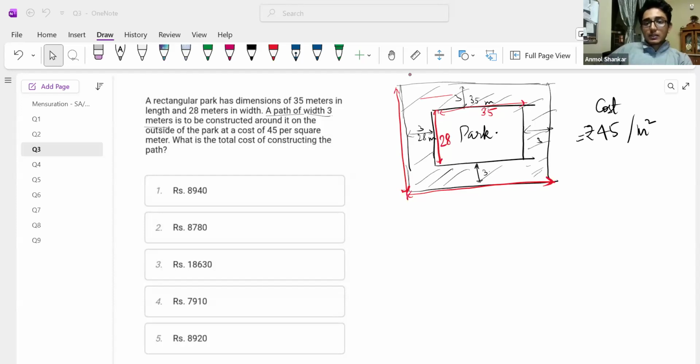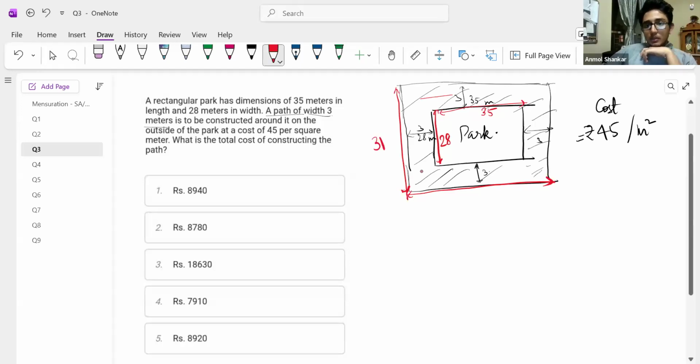So what will this distance be? We have to calculate carefully. So is this equal to 31 and this equal to 35 plus 3, 38.